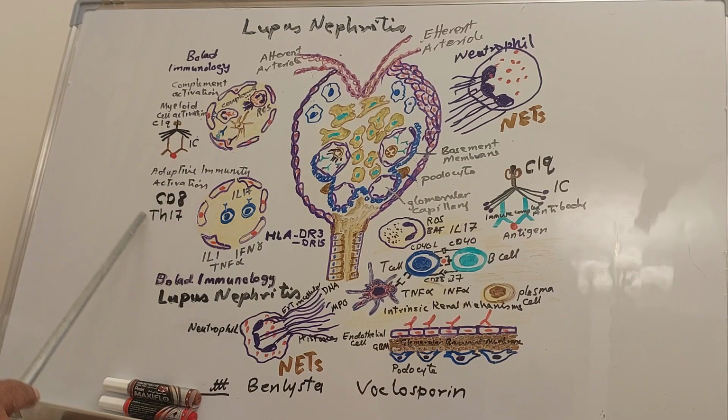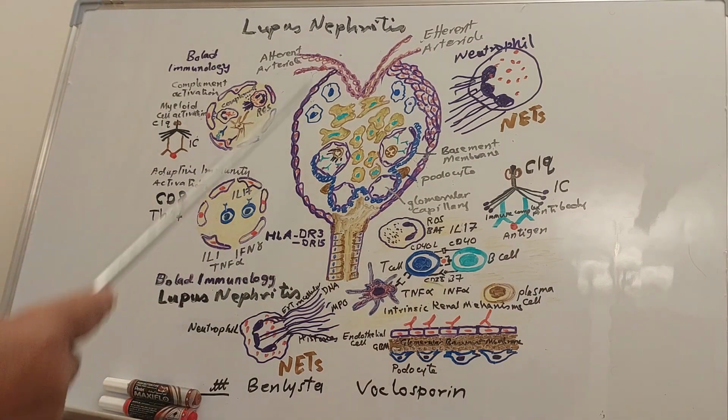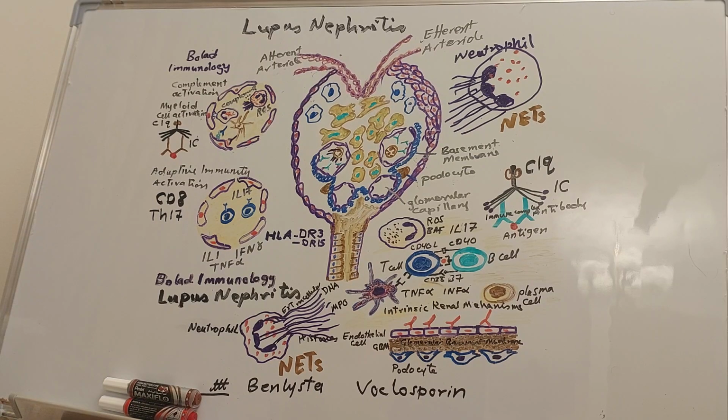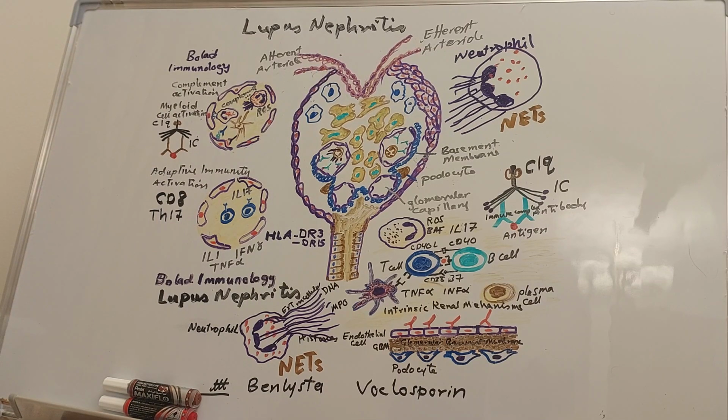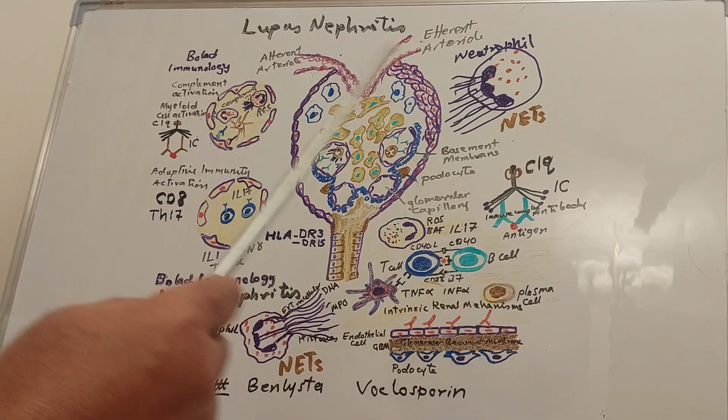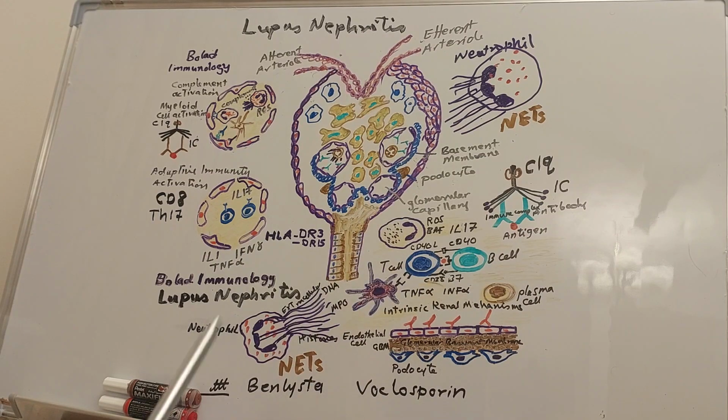So these are chemokines produced that can attract other cells to the area, and this will lead to more deterioration in the condition, and this is due to the formation and production of reactive oxygen species. And as can be seen here, we have T cell, B cell, dendritic cell, and plasma cell.